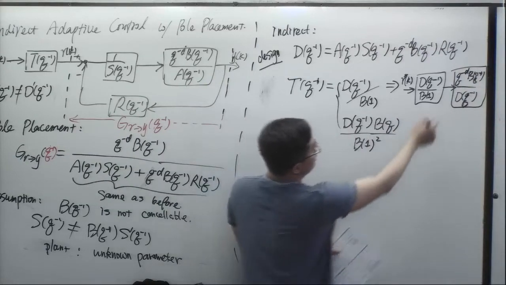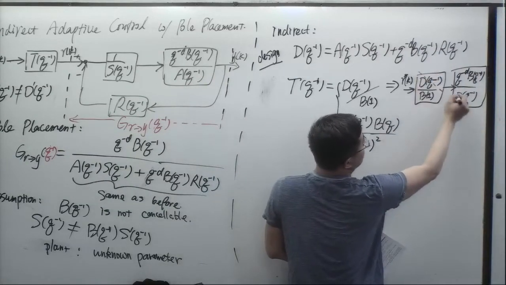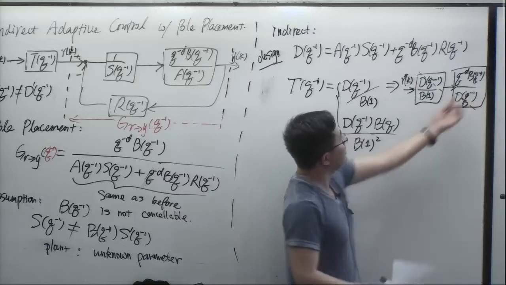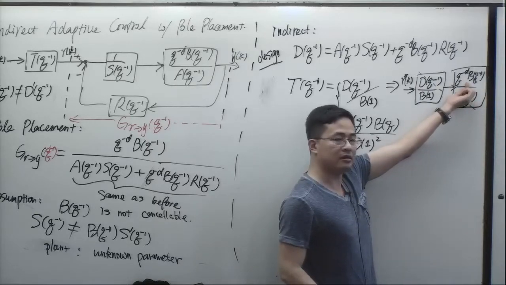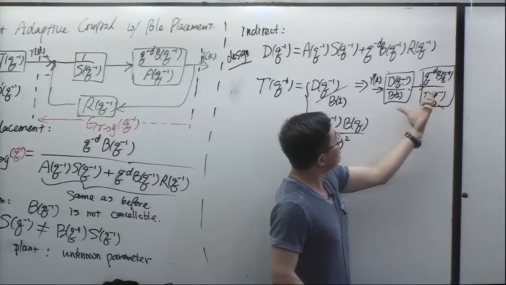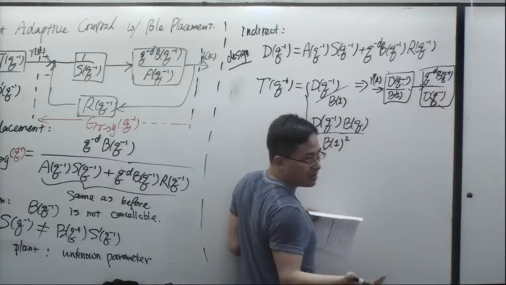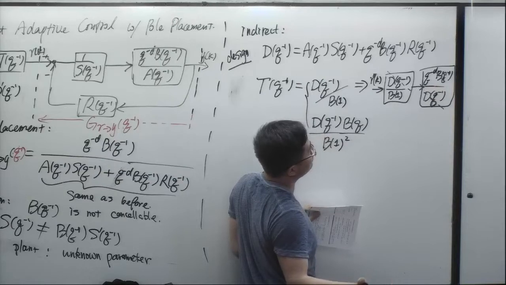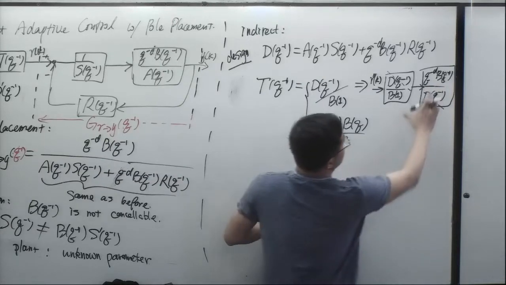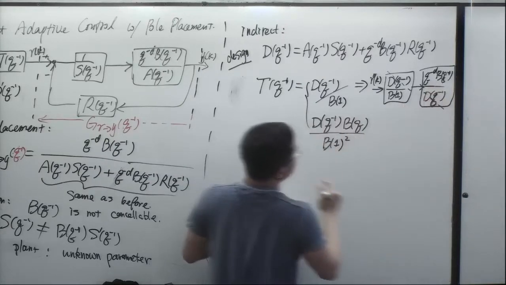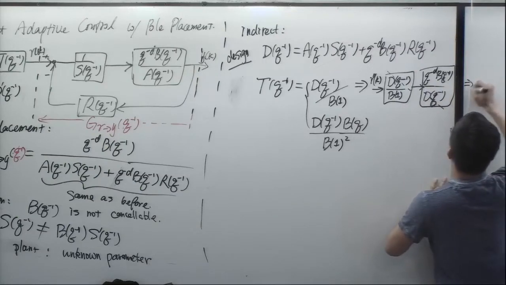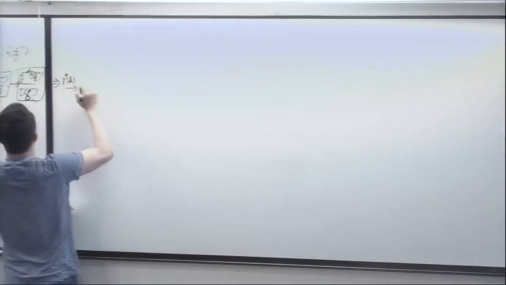Okay, so I'm canceling this. I cannot cancel B because it has unstable zeros inside. So this is a compromise. We no longer get perfect tracking result as we could have done. Instead, we got this.